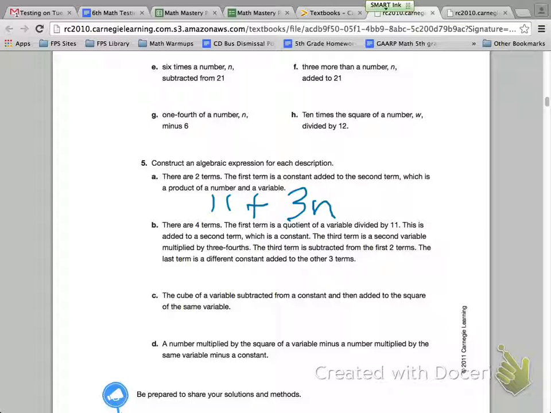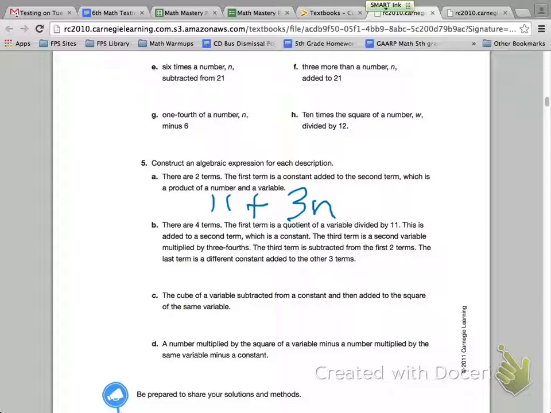The first term is a constant, 11. It's constant, it doesn't change. Added to the second term, which is 3n. It says which is a product, so a multiplication, of a number, I have 3 there, and a variable, which is n. So 3n. So I've met all the requirements for that algebraic expression description, and 11 plus 3n is an appropriate algebraic expression for that description.